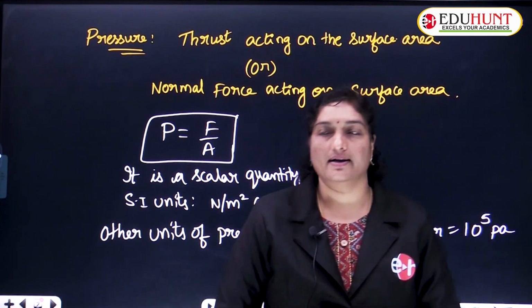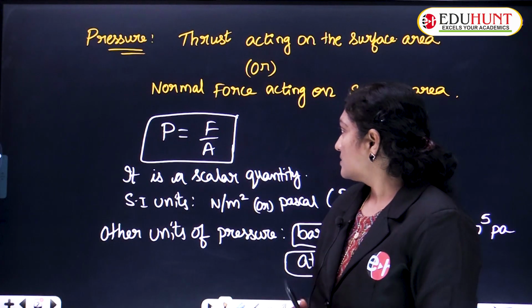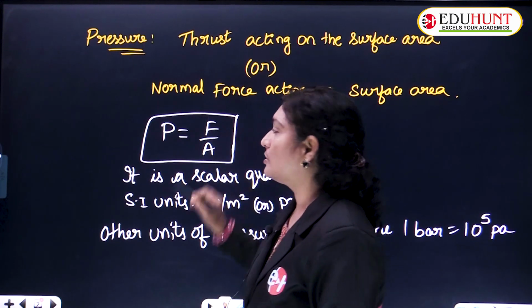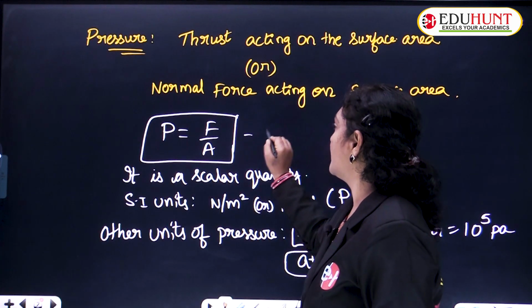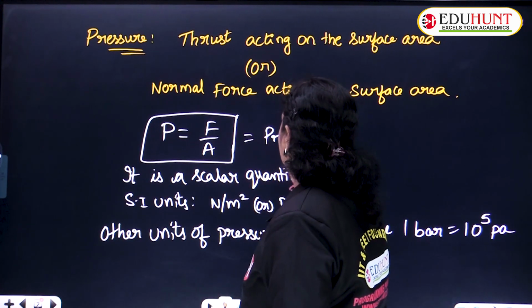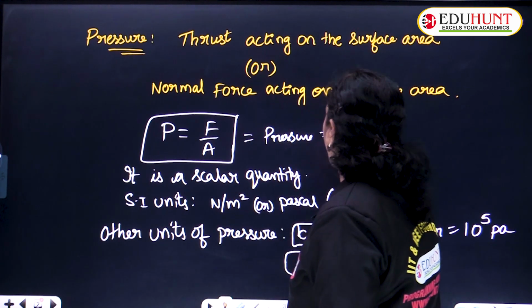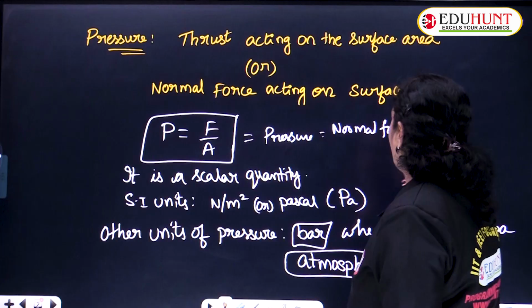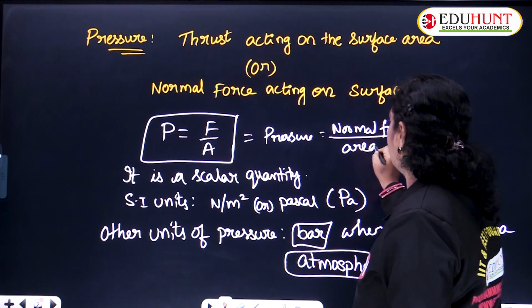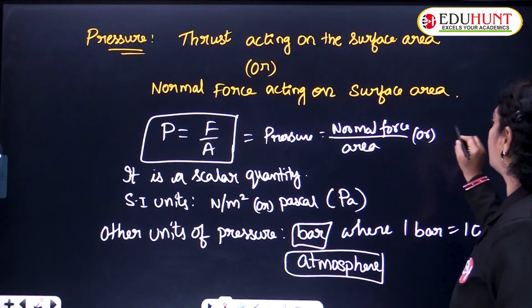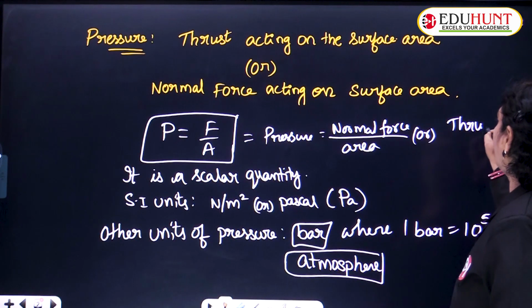Now let us understand in detail the pressure exerted by a body in different conditions. As I told you, pressure is equal to force by area, or pressure is equal to normal force upon area, or thrust upon area.